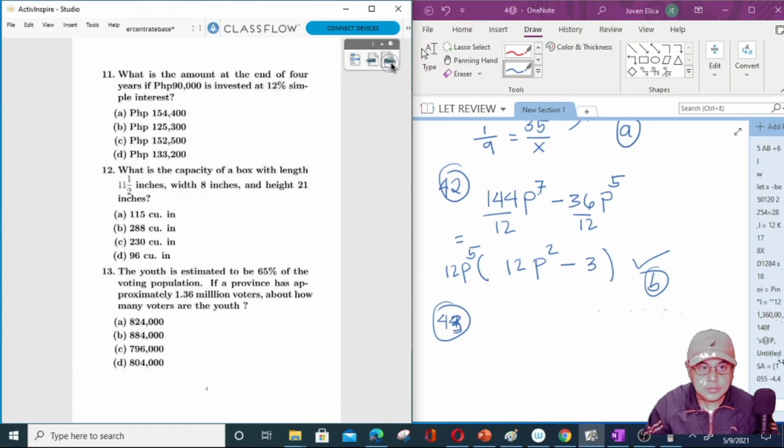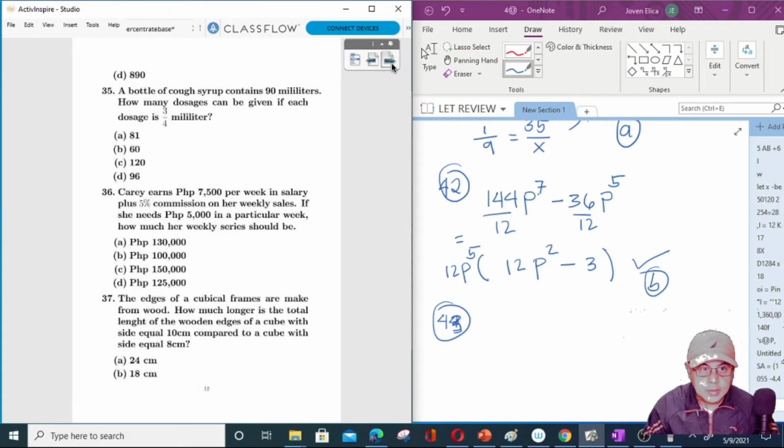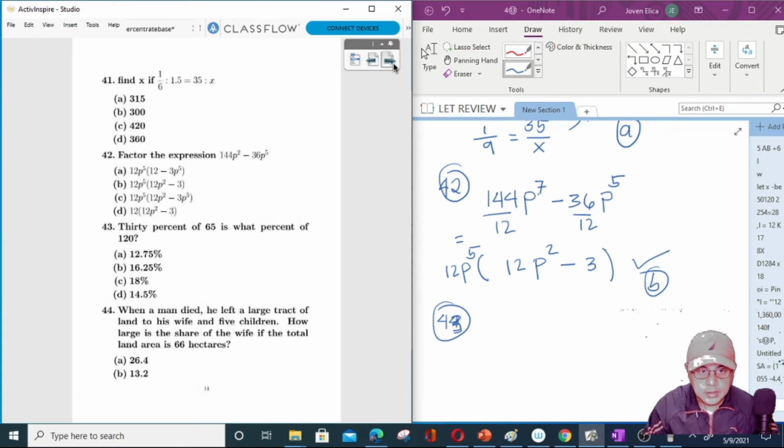Alright, so number 43, 30%. So 30% of 65 is what percent of 120?